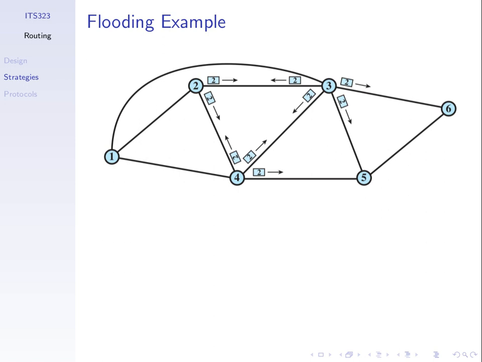Using adaptive routing, and we've calculated routing tables, we want to send a packet from node 1 to node 6. How many transmissions in the network? Which path will the packet take? 1, 4, 5, 6, the least cost path.